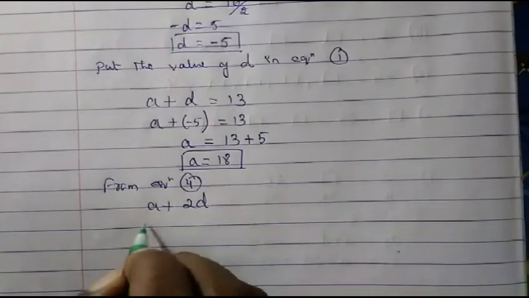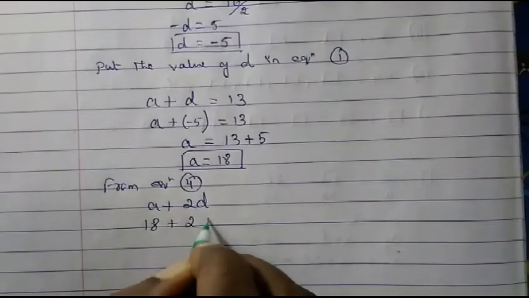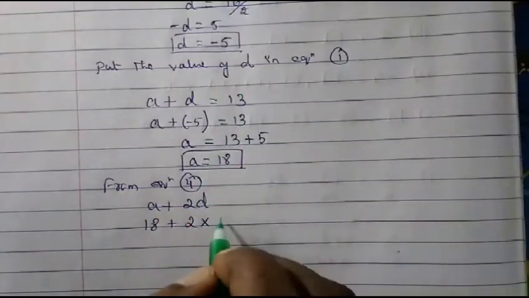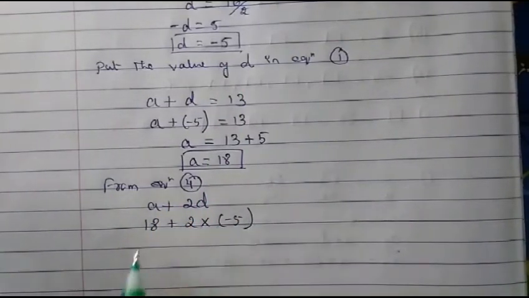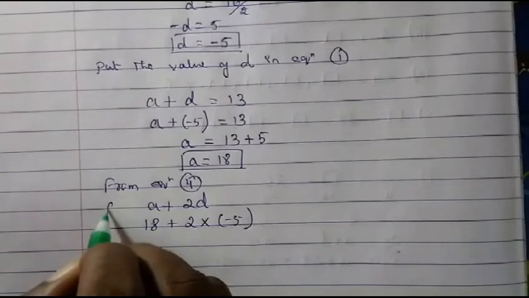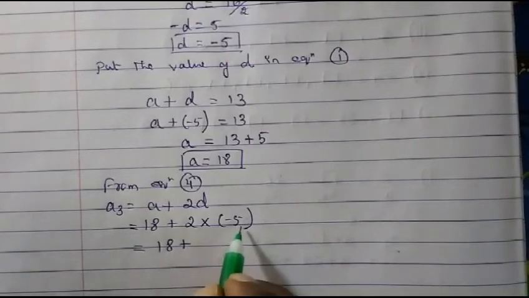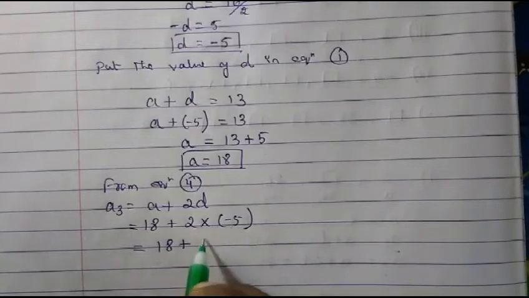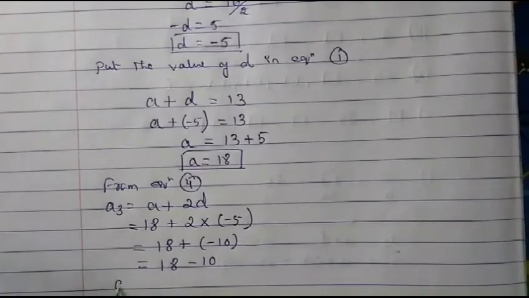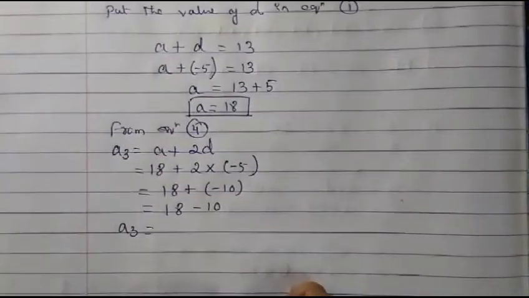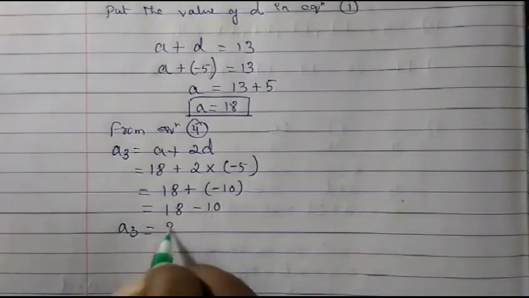A value we found out is 18, and D value we already found out is minus 5. So 18 plus 2 into minus 5, which will become minus 10. So A3 is 18 minus 10, which will give us 8.